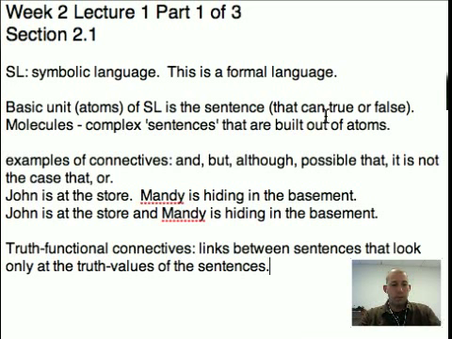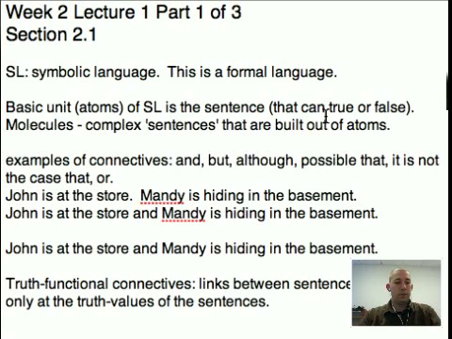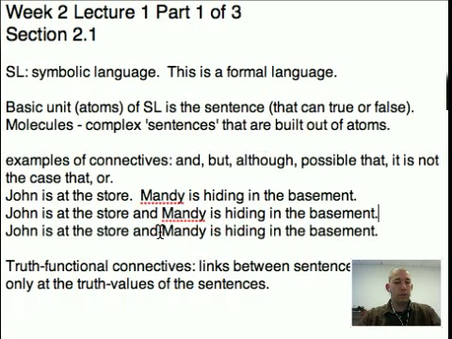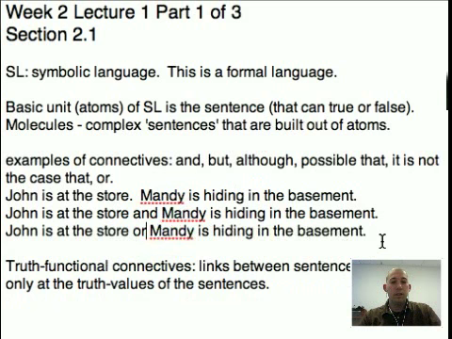So if we look at John is at the store and Mandy is hiding in the basement, and compare that to the sentence John is at the store or Mandy is hiding in the basement, these sentences mean two different things.